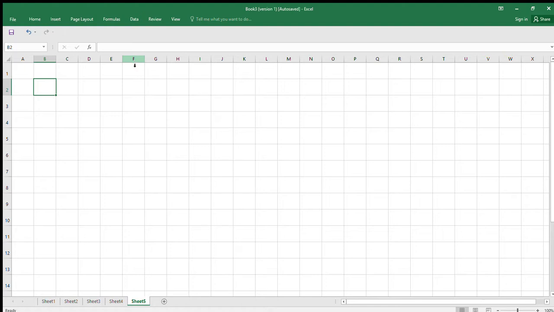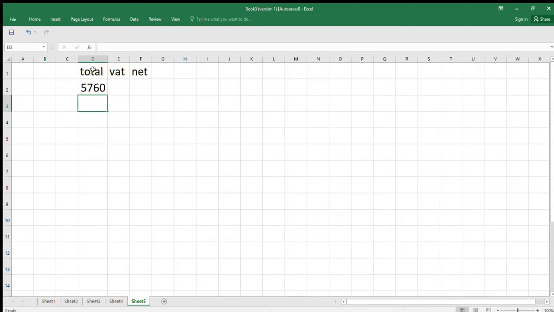Right, so let's have a look at this purchase daybook. We've got the total, VAT, and net. It should be 3600 plus 1680 plus 480, and they put it in as 4760.